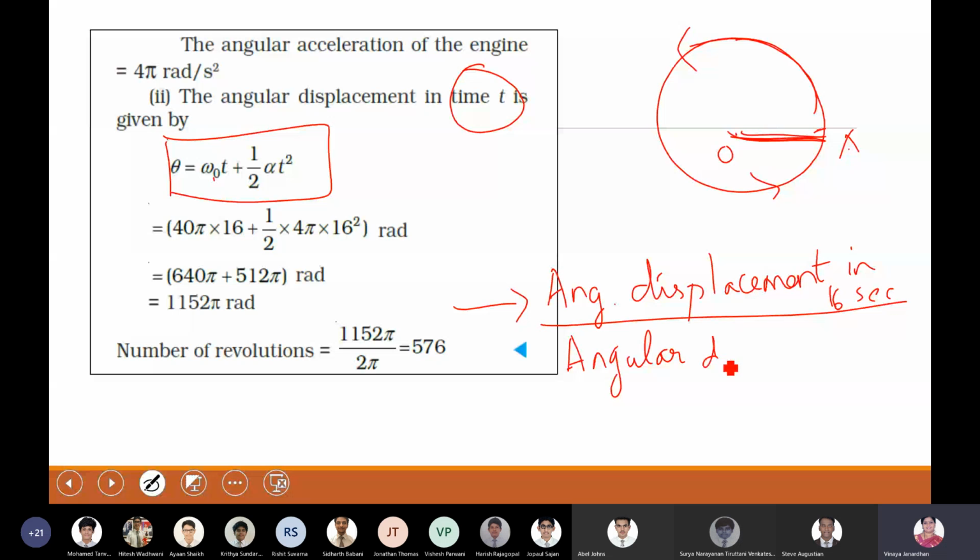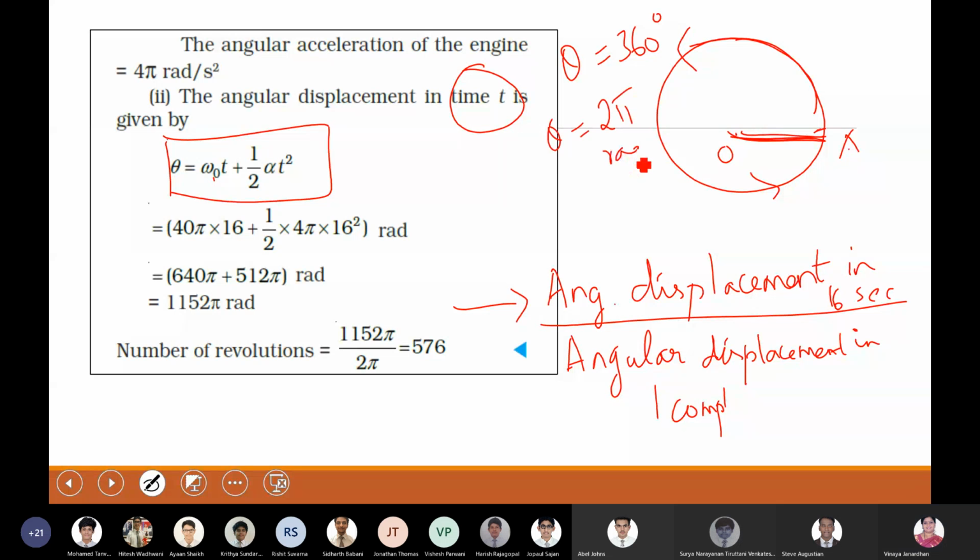In one complete revolution, what will be the angle swept? 360 degrees, or in terms of radians, 2 pi radians. Boys, are you clear?